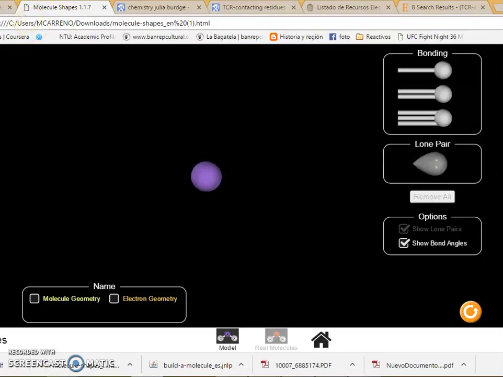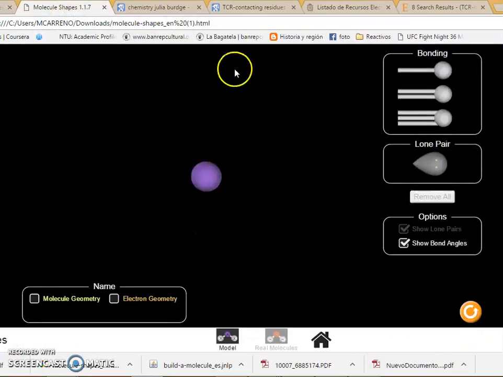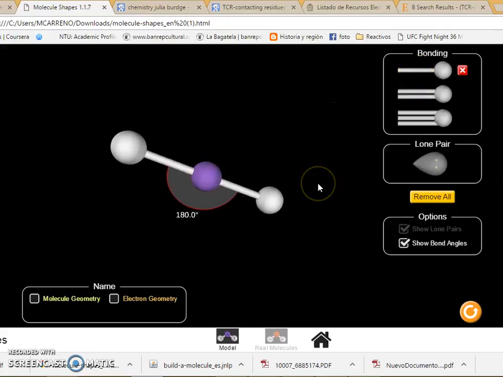We have this program named Molecule Shapes. Please go ahead, search it, and play with it. We have the model here. So we have a central atom. We put 1, 2 bonds, and we will have the linear molecule. This is a model, it's not a real molecule.